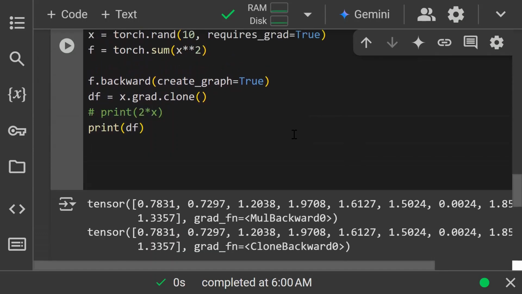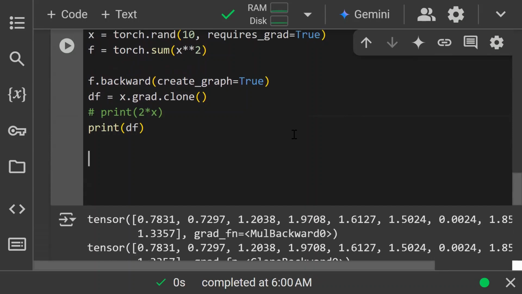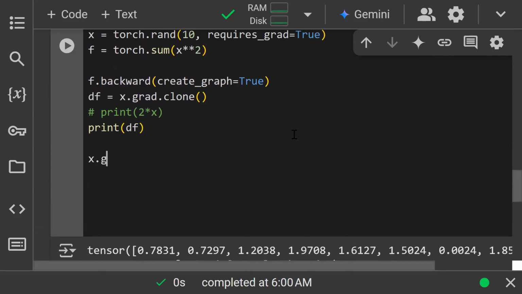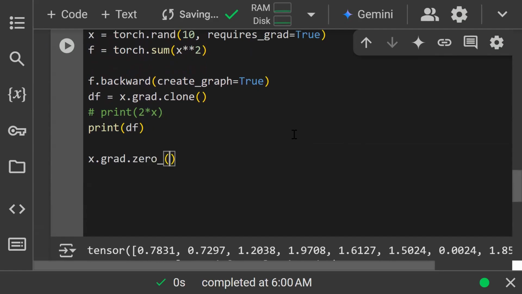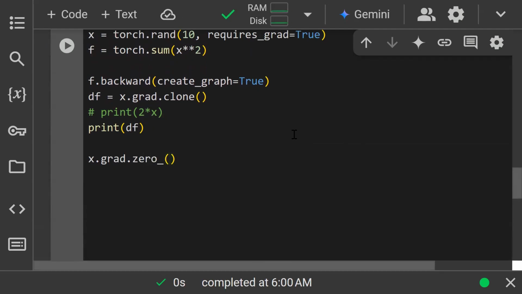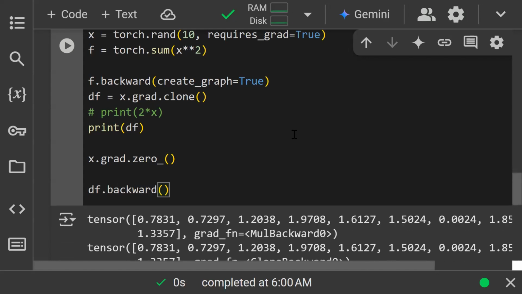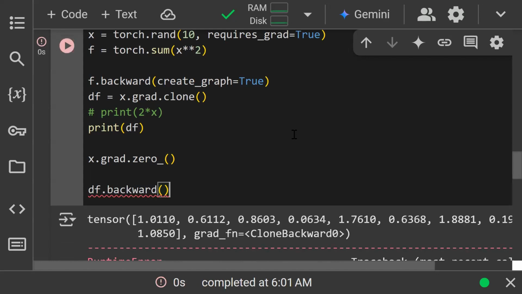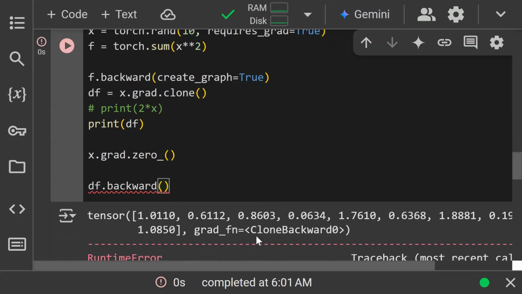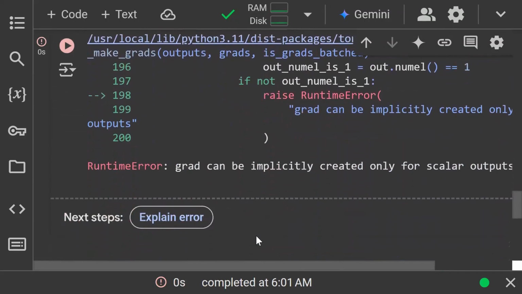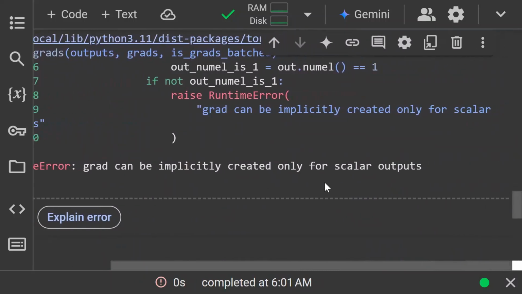Everything works fine. But now let's say you want to take the second derivative. To do that, you would probably want to do something like this, right? But when you run this, it's going to complain by saying grad can be implicitly created only for scalar outputs.